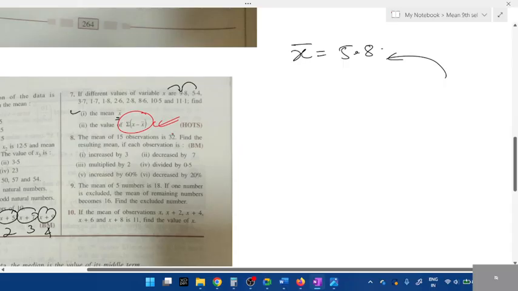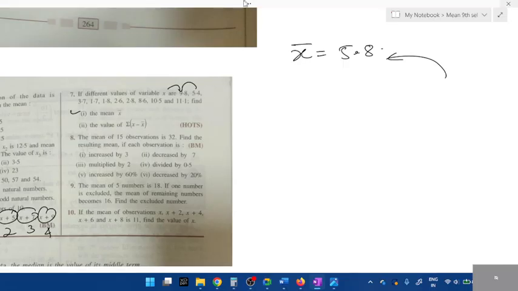Okay, value of summation x minus x dash. No, that will be too lengthy, Alia. That is too lengthy. Summation of.